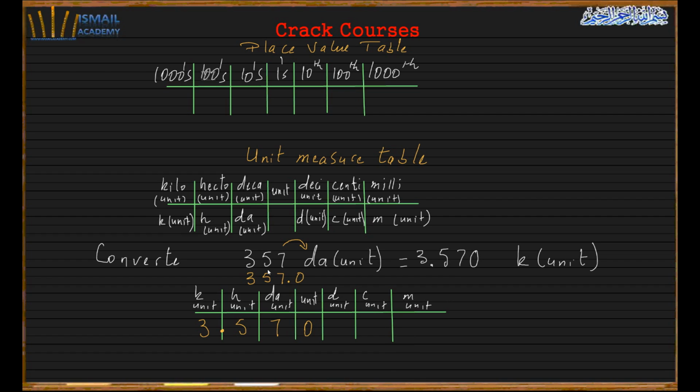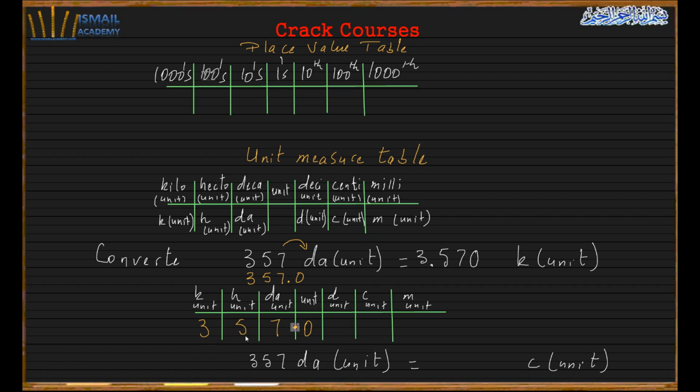So if I want to convert this one again, suppose I want to know 357 deca unit, I want to convert it to, for example, centi unit. So I do the same thing here. Suppose that, let me put this one back on its original position here.